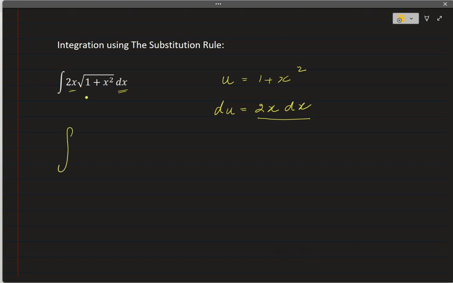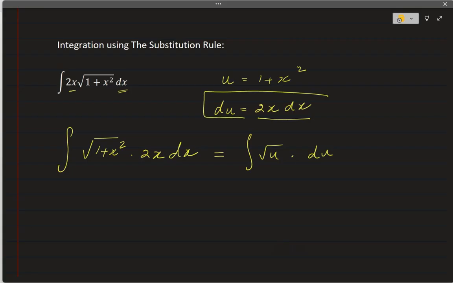Let me rewrite this better so that you can see it: 1 plus x squared times 2x dx. That's the first step. And now it's very straightforward, and we go to the indefinite integral of square root of u times du, because du is 2x dx. Simple as that.